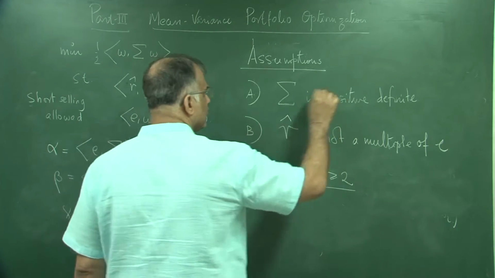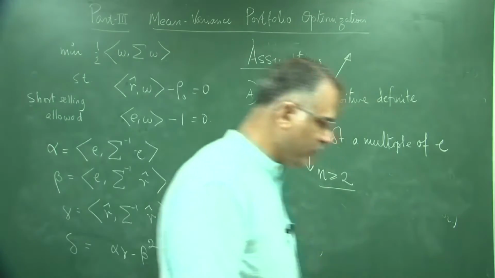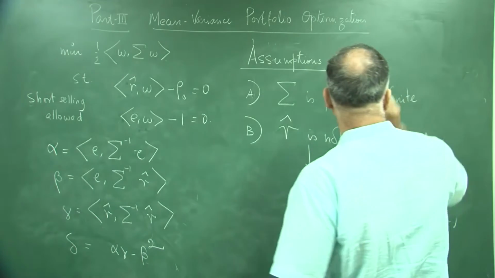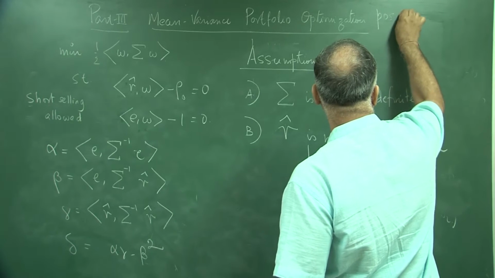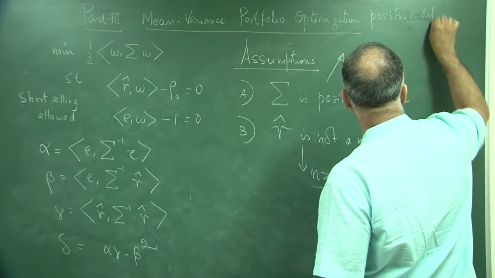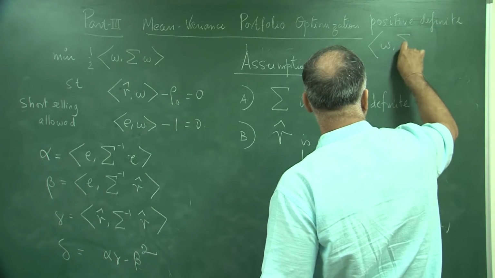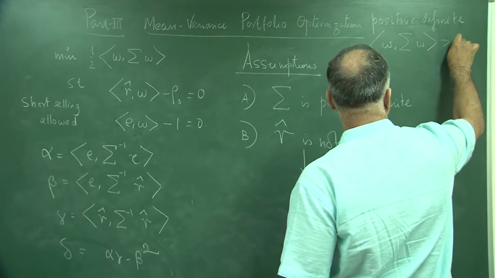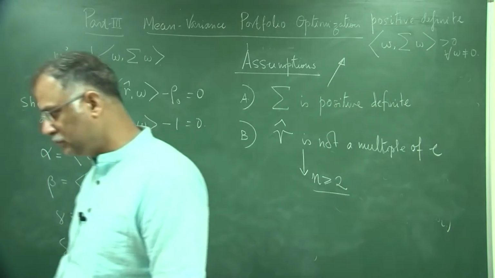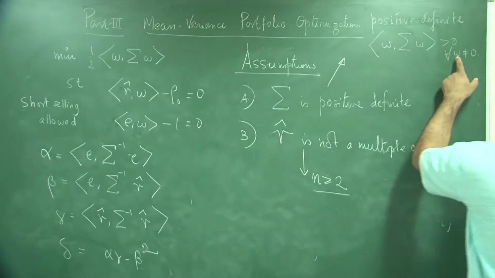what does this mean? This means that if it is not positive definite but positive semi-definite, then things could be different. Positive definite means a matrix is positive definite if this holds, so this can happen.